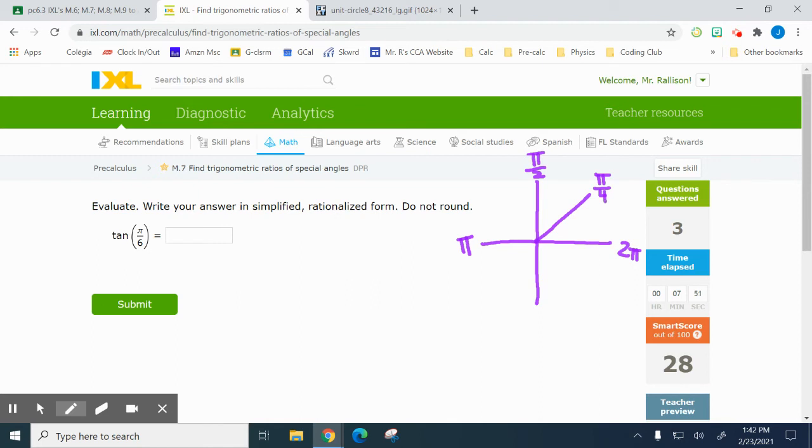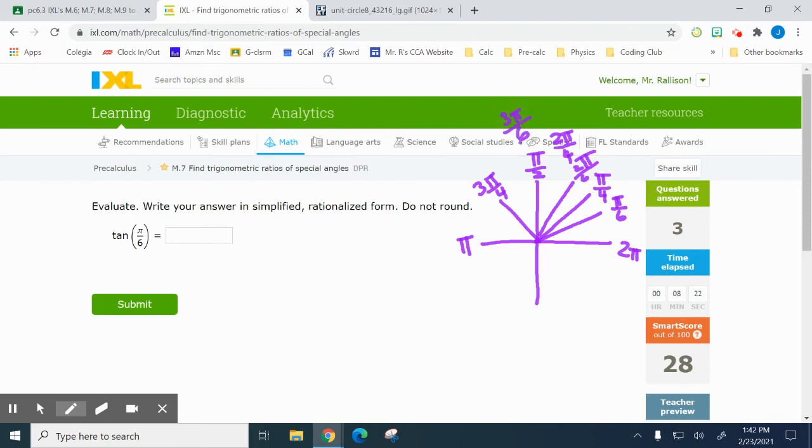If you're dividing into fourths, this is pi over 4, this is 2 pi over 4, and this is 3 pi over 4, right? But if we're dividing into sixths, this is pi over 6, 2 pi over 6, and then pi over 2 is 3 pi over 6. You can see that's the same fraction.